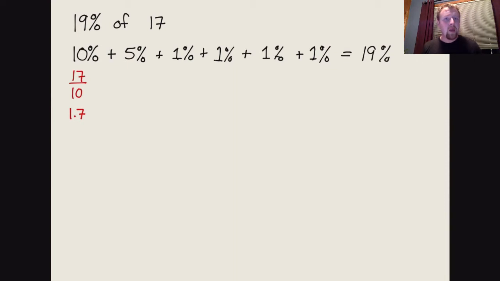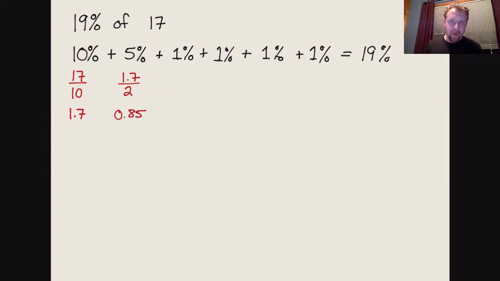Now, 5% is really half of 10%. So if I was going to look at 5% here, I'd say, okay, well, that's 1.7 divided by 2. Because 1.7 is 10% of 17. And I can divide that by 2 to find 5%. So half of 1 is 0.5, and half of 0.7 is 0.35. So the answer is 0.85.